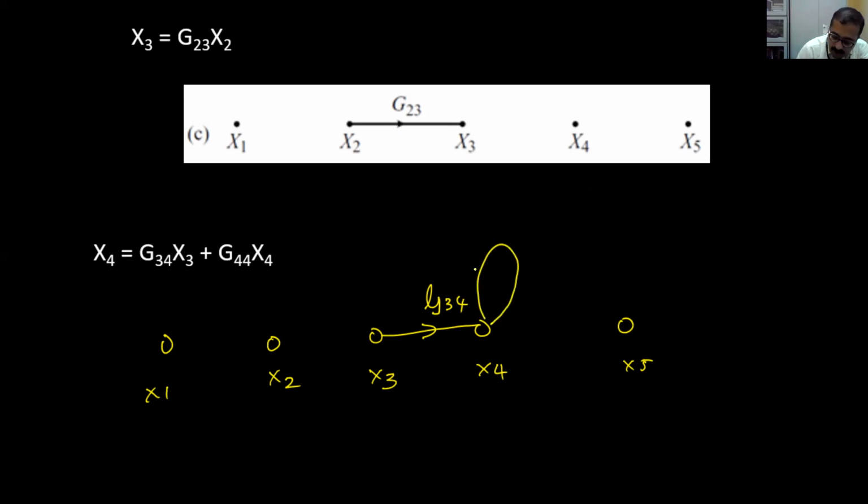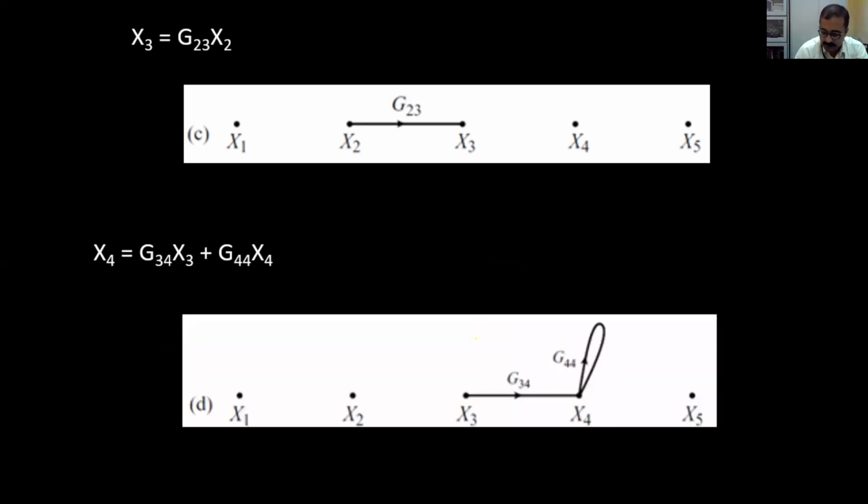The arrow may be clockwise or anti-clockwise, no worries. At node X4 there is a signal again from X4 at a gain of G44. How will you read this? X4 equals G34 into X3 plus G44 into X4. That is shown here.